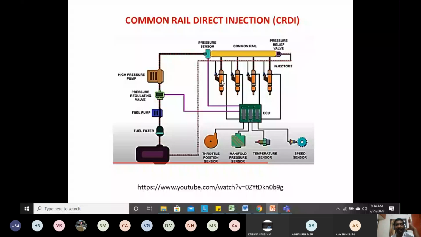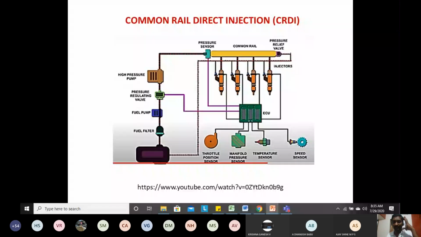If it is an electronic arrangement, then a solenoid valve will be there. Then this injection valve will open, and the high pressure fuel is going to enter the fuel injector and be sprayed. The opening of the injection valve is regulated by an engine control unit. Depending upon the throttle position, the manifold pressure, the temperature sensor and the speed of the engine, these are the parameters based on which the fuel is injected and the quantity of the fuel is regulated.